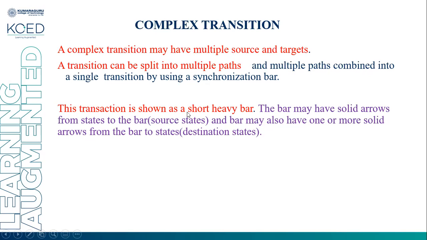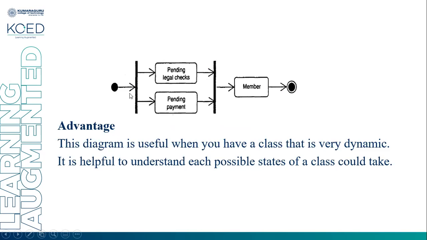The transition is shown as a short, heavy bar. The bar has many solid arrows from the source states to the bar, and may also have one or more solid arrows from the bar to the destination states. So this is an example. A bar will split into multiple states, and it is also able to combine multiple states.